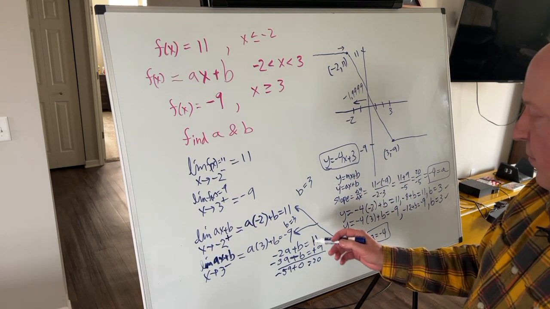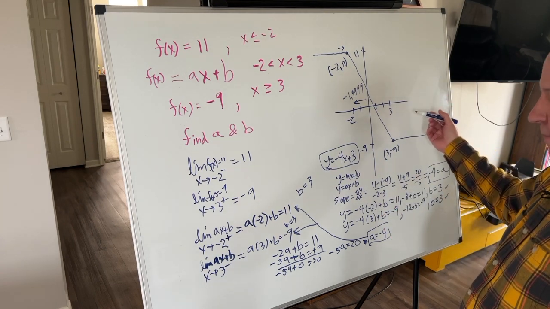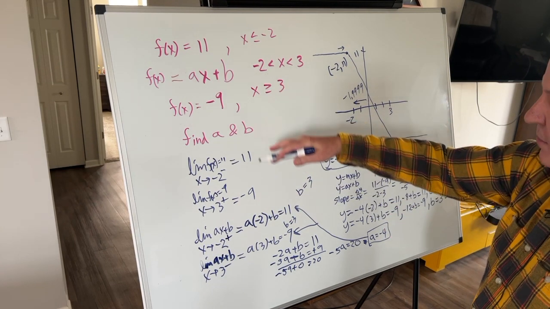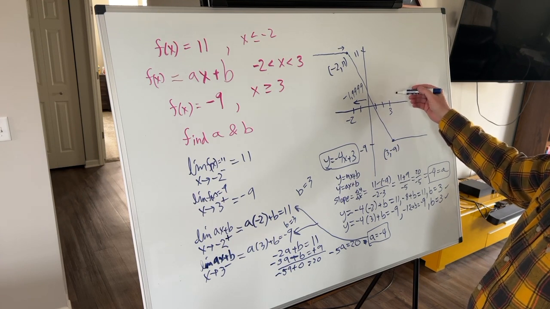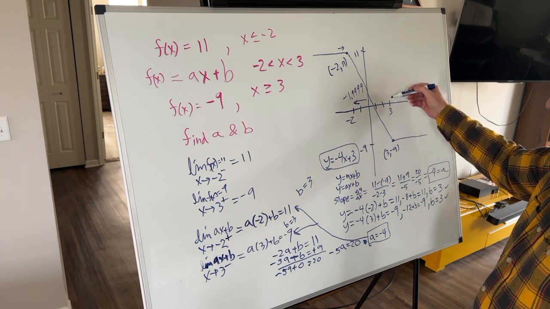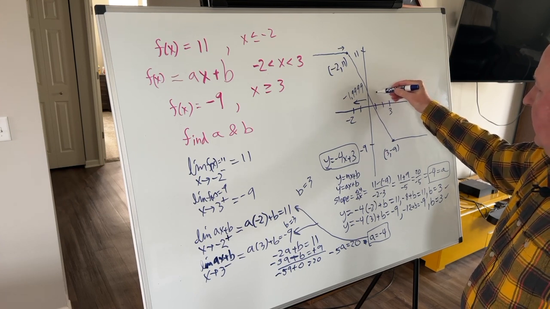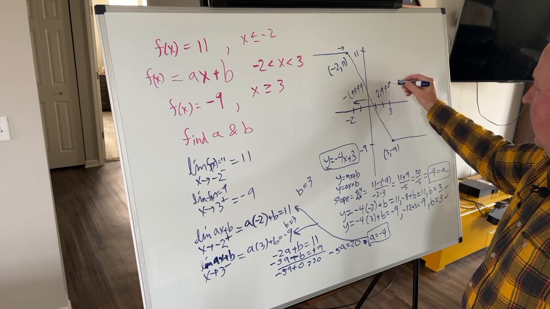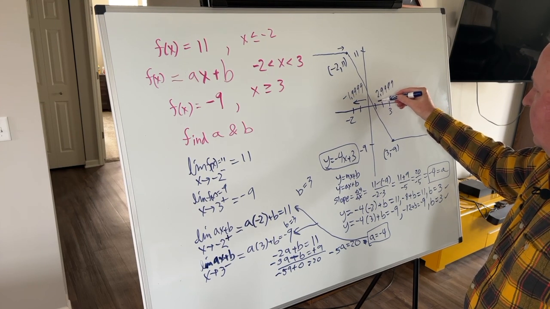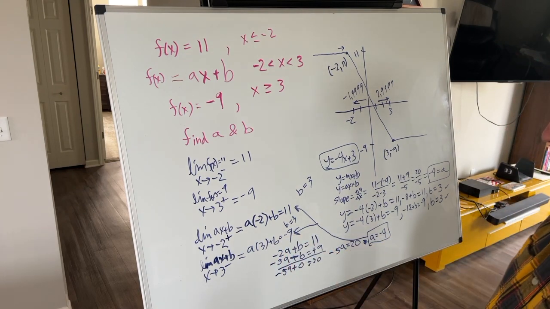So this is just a more official way to do the limits. Also, I didn't point out that when I approach this side here, I'm going 2.99999 this way, and then I'm approaching 3. So that's that.